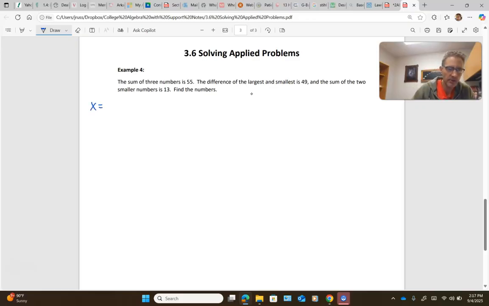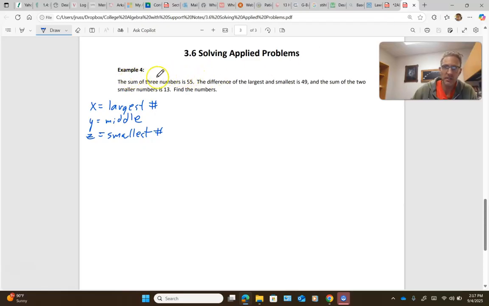So I'm going to let X represent the largest number. Y will be my middle number again. And then Z will be my smallest number. Okay. And guys, this particular problem actually does give us all of the information explicitly.